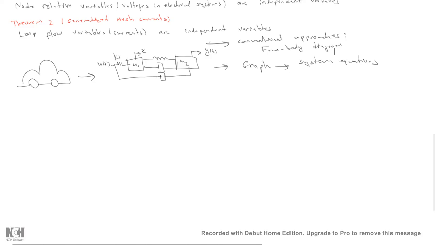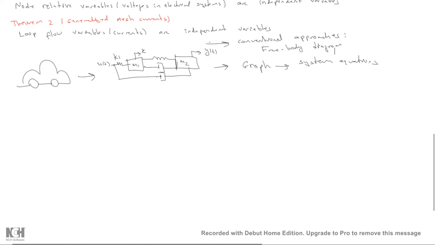So we look at the schematic, or at the system, and try to identify how many independent positions will be observed in the system. We have u of t applied to one part of the terminal, the K1 spring.